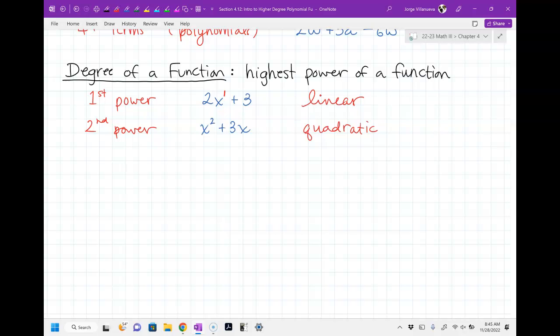All right, we're going to go up to 5 because I noticed in the homework they mentioned quintic. So we're going to go up to 5. So third power. So, negative x cubed plus 3x plus 1. You can see the highest power is a 3, right? X to the third. So if you get to a third power, those are called cubic.